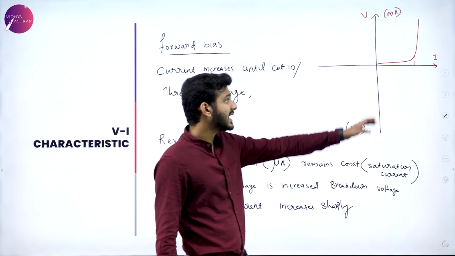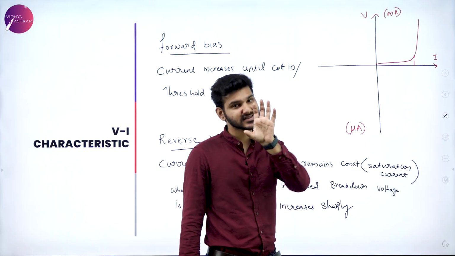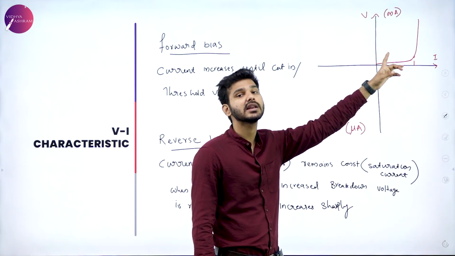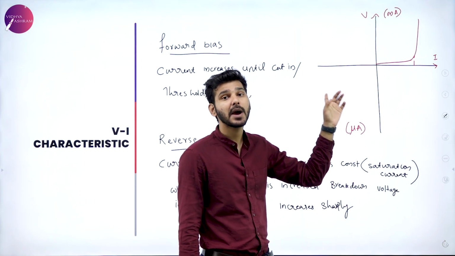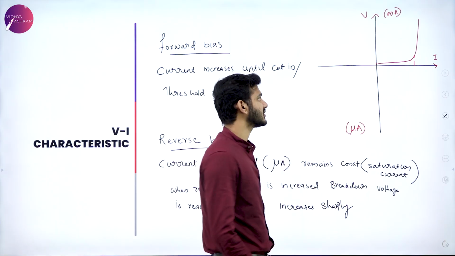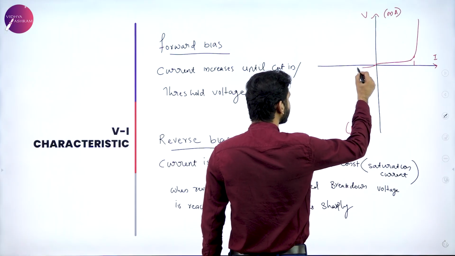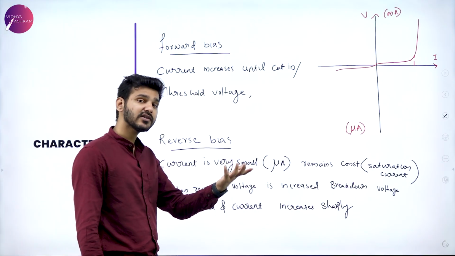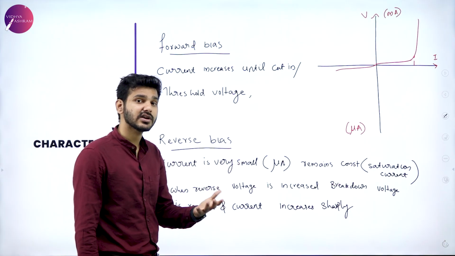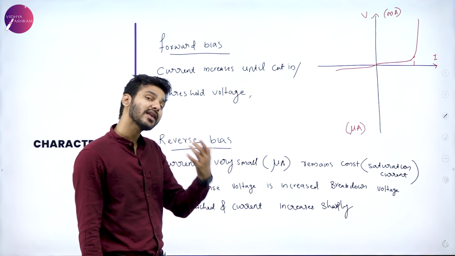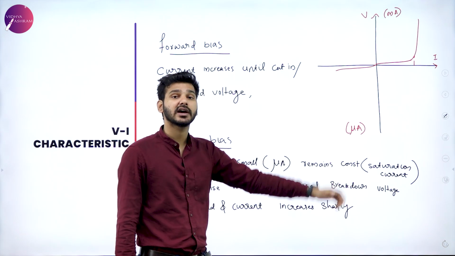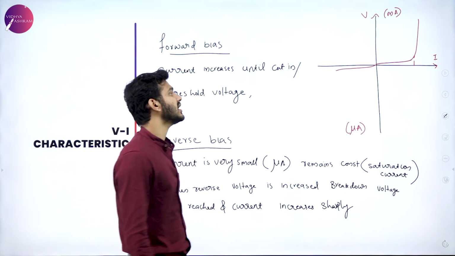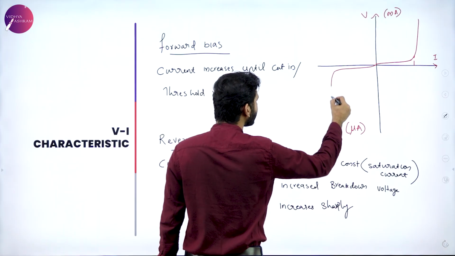Remember, even though this is laid out as a single graph, it is actually two different graphs, one in milliamperes and the other in microamperes. Here also the current will be saturated up to a certain point, and after that there comes a sharp increase in current. That increase in this direction is known as the breakdown region, or the breakdown voltage.